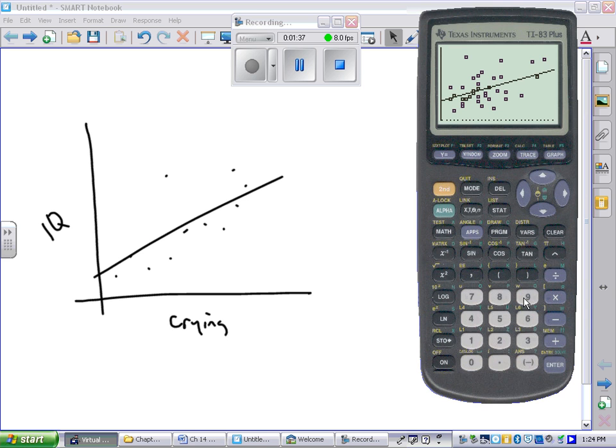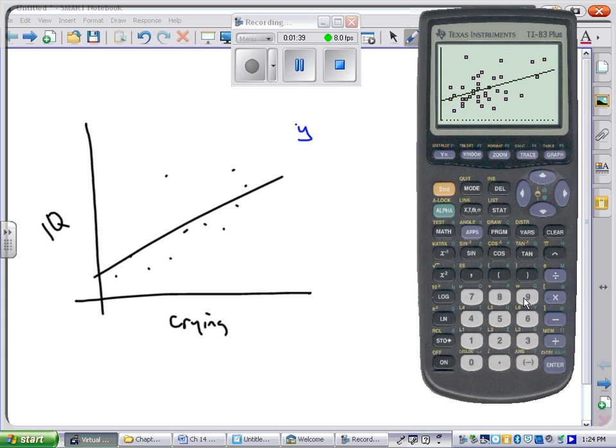You're all coming back and giving me different y hats. So you've got y hat equals a plus bx, and she comes back with a different y hat equals a plus bx, and some other guy comes back with a different y hat equals a plus bx, but all of these y hats are kind of similar.